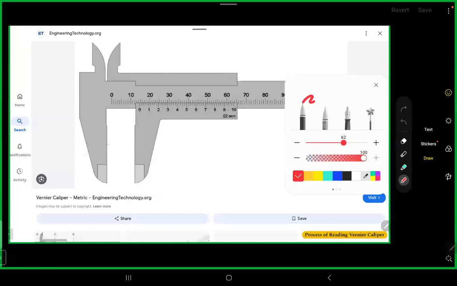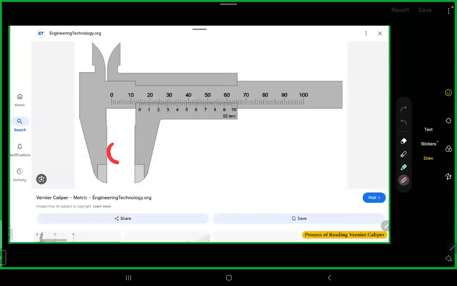So if you put anything here like this, okay, then you are measuring the outer boundary of this ring. Make sense? Right? But if I put the ring outside of this, like this, it will measure the inner boundary.